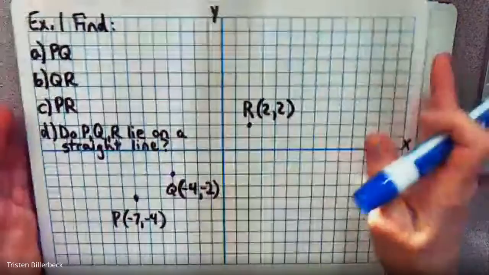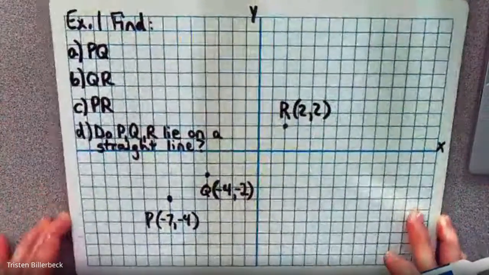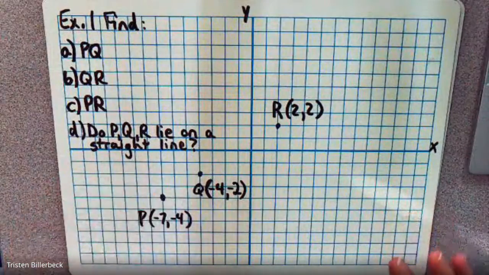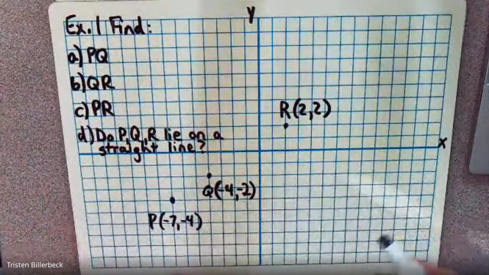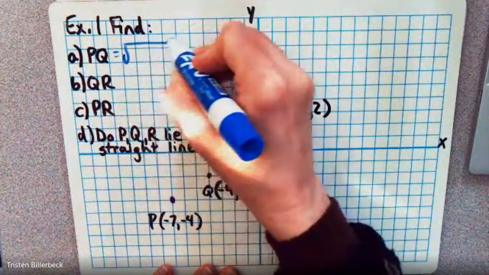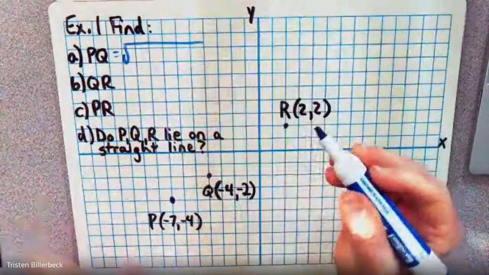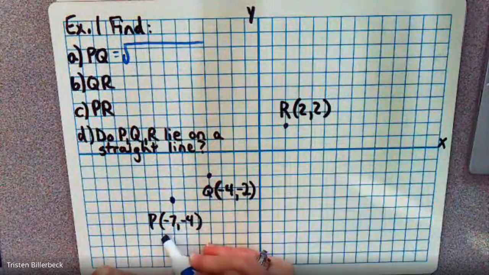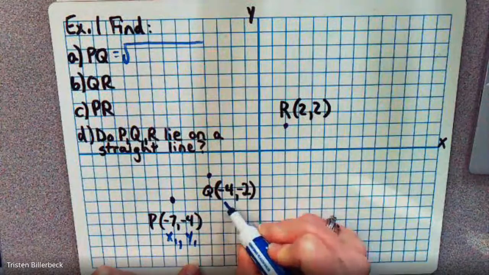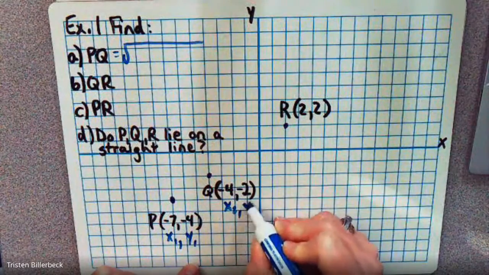All right, so if we're given these, it says find PQ. So I have PQ here. So PQ, I'm going to take the square root of, and I'm going to say this is x1, y1. I'm going to say this is x2, y2.